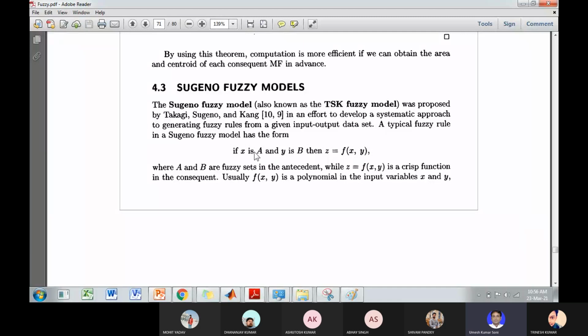Then whenever x will be in the very low range, the output will be based on a certain function of x, y. Suppose x is a2 and it is high, then for high the function may be different, z equal to f x square plus x square y something, other function it may be f2 xy. Okay, so in the Sujano fuzzy model, the output is defined mathematically.